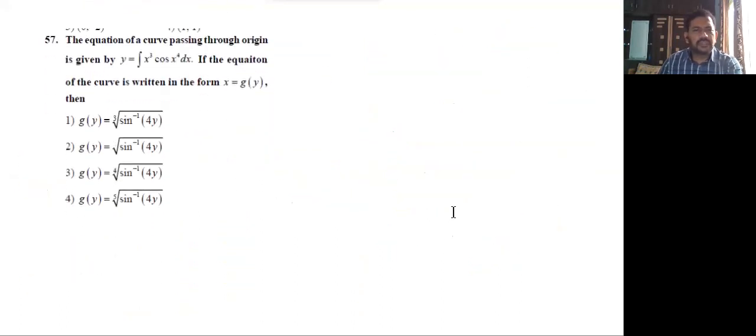See that 57th question. The equation of a curve passing through origin is given by y is equal to integration x cube cos x power 4 dx.